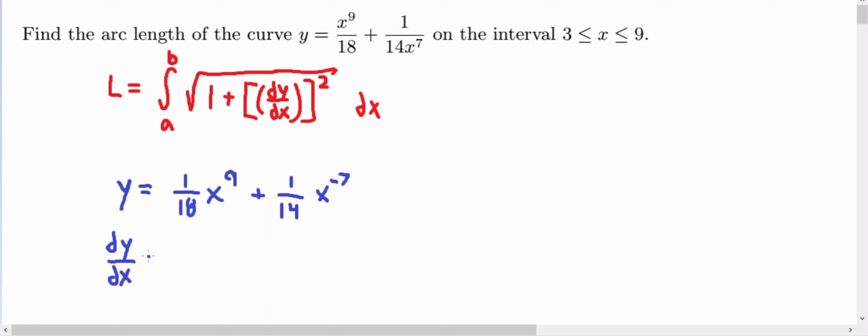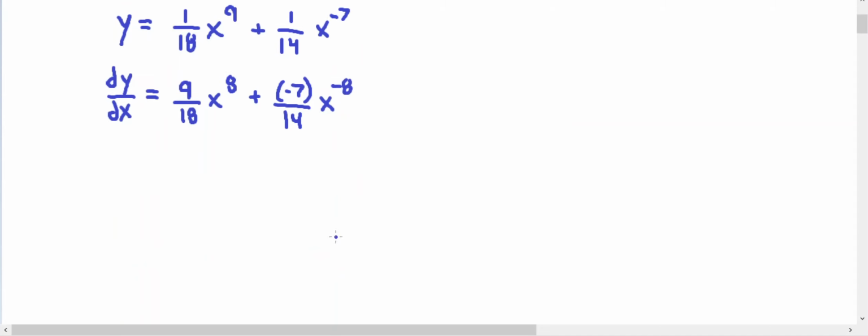Taking the derivative with respect to x on both sides, we have 9 over 18, x to the 8th, plus minus 7 comes down, so it's really a minus 7 over 14, x to the minus 7 gets decremented by 1, minus 8. So let's clean this up a bit before squaring.